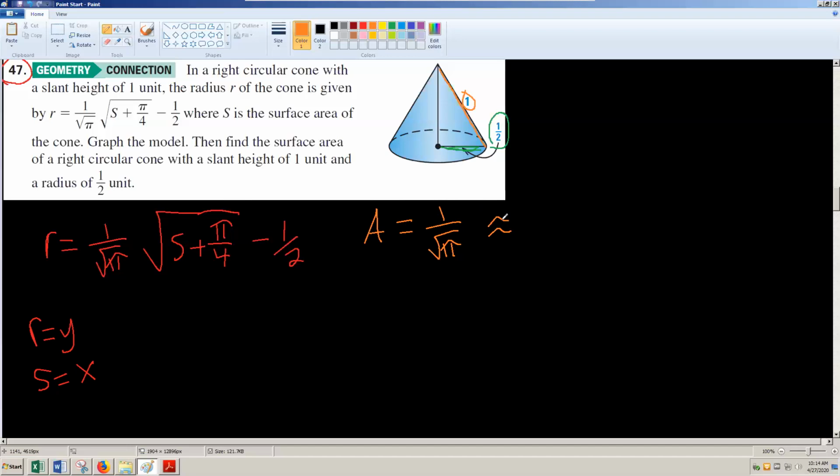So 1 divided by the square root of pi gives me, we'll call it approximately 0.56. My h value here is going to be negative pi over 4. So call that negative 0.79.